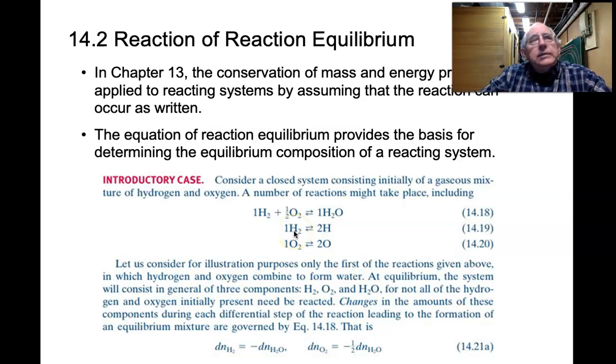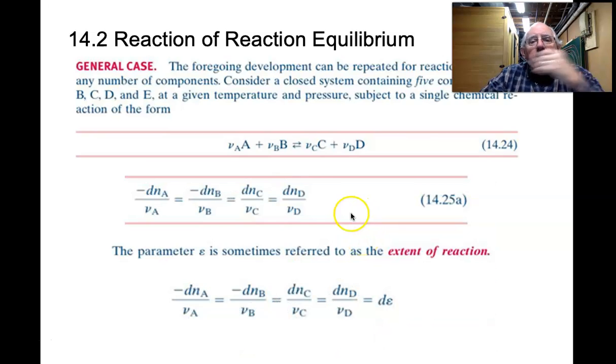Hydrogen is disappearing. The third equation says that monatomic oxygen is appearing at the expense of diatomic oxygen decreasing. And so that would correspond to d epsilon as a positive. Now we could also have d epsilon being negative, meaning that the reaction is proceeding in that direction. So that is an important concept.